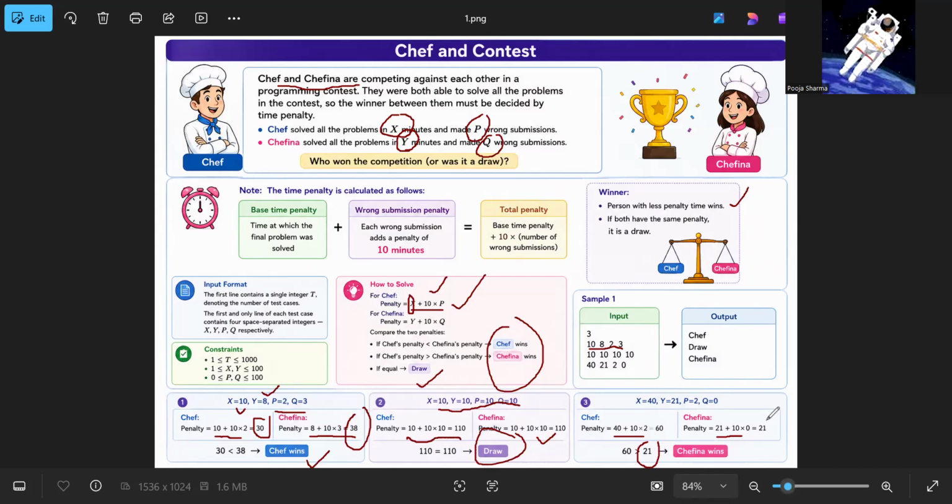Alright. So what you need to do is first write down this formula and then use a simple if and else condition to solve that problem. Okay, and let's go back and see what we have done.